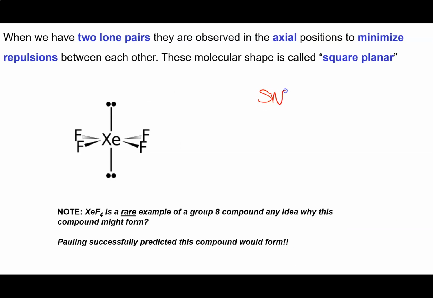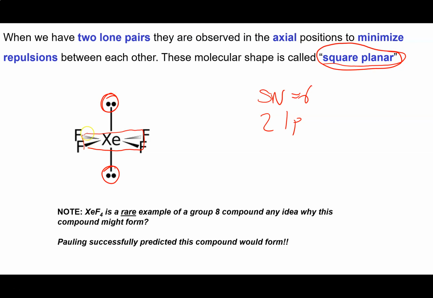When you have steric number equals 6 with 2 lone pairs, we put the second lone pair also in the axial position, and then that leaves us with 4 attached atoms that are at 90 degrees to one another in the same plane, attached around the middle central atom, and that geometry is referred to as square planar.